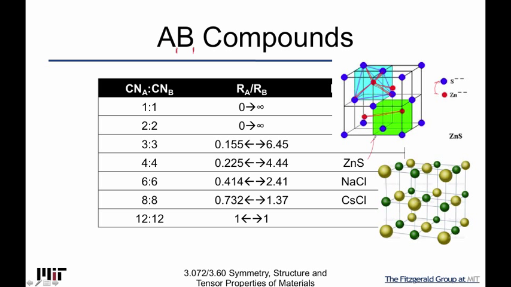So this one is the zinc blende, as it's called. Same as diamond, except in diamond all the atoms are the same. And this one is, of course, the sodium chloride structure.